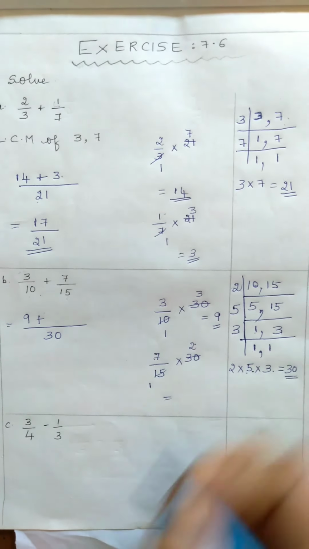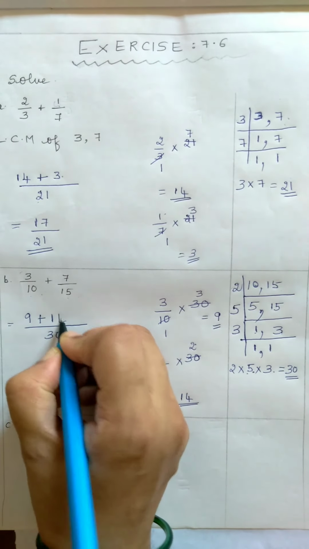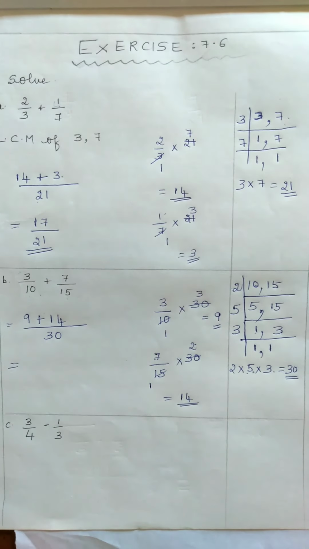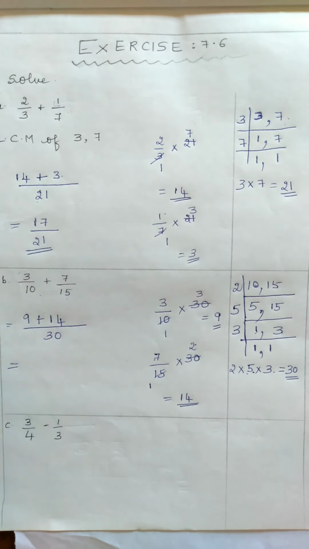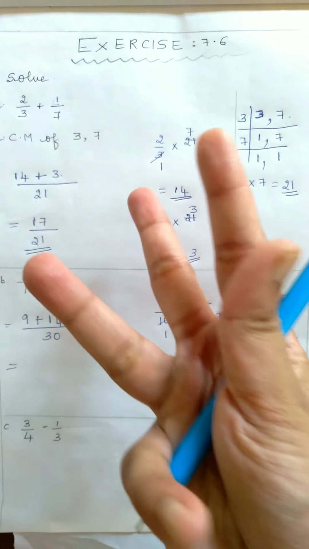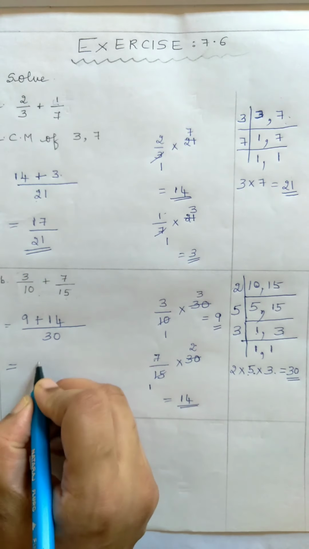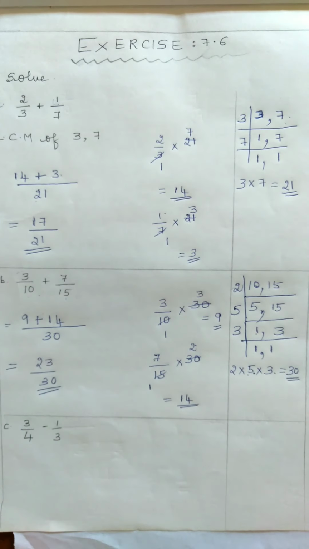Therefore, 7 twos are 14. Therefore, we have 9 plus 14 divided by 30. On adding 9 plus 14, the answer is 23 by 30.